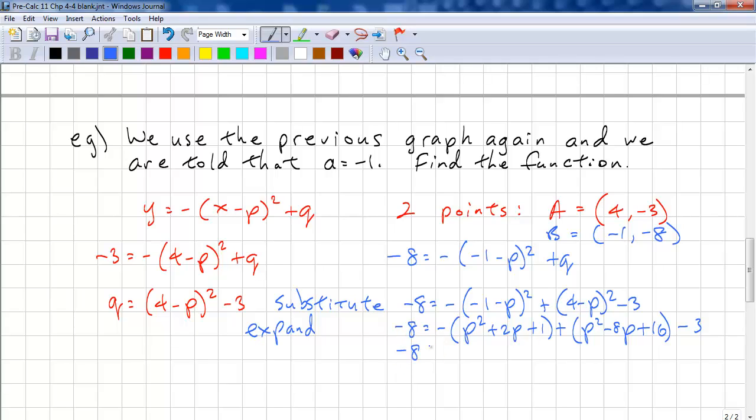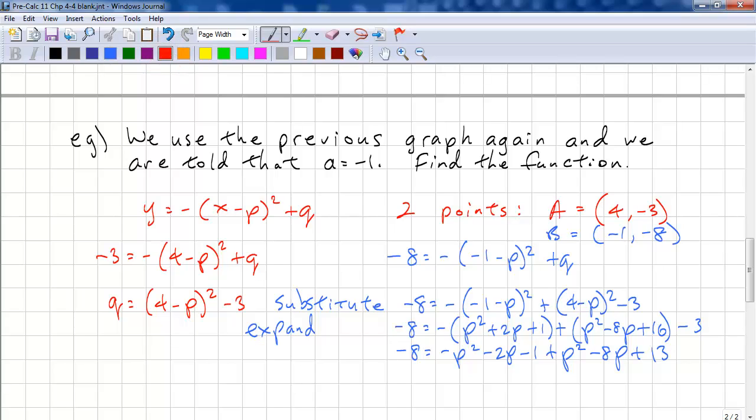And we want to remove the brackets, so we distribute here. So minus p squared minus 2p minus 1 plus p squared minus 8p plus, we'll do the 16 minus 3, so that's 13.